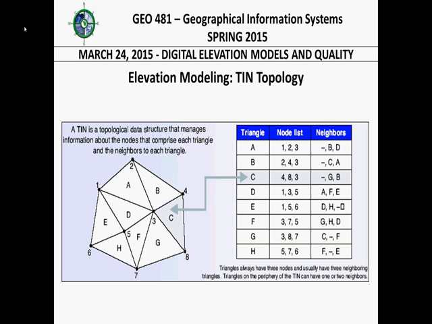If you take away one thing from this, I would want it to be that the TIN is a vector-based model of triangles that have an equal aspect. And you put these triangles together and they model a slope.